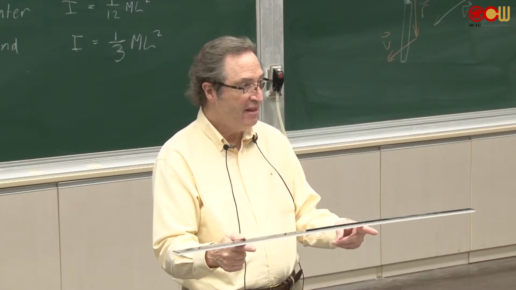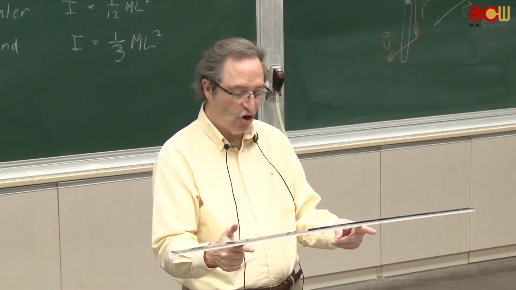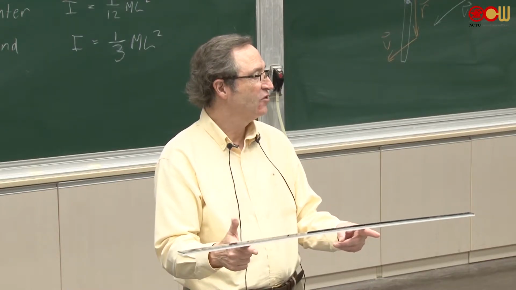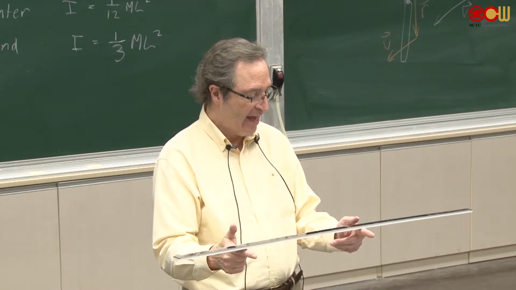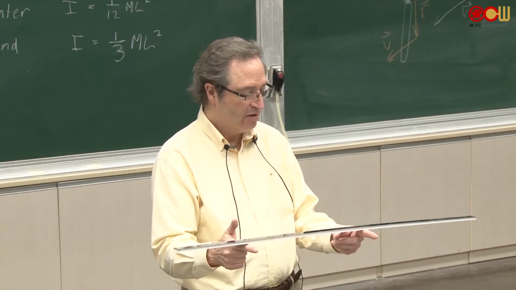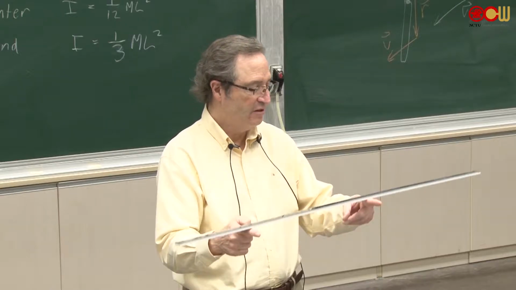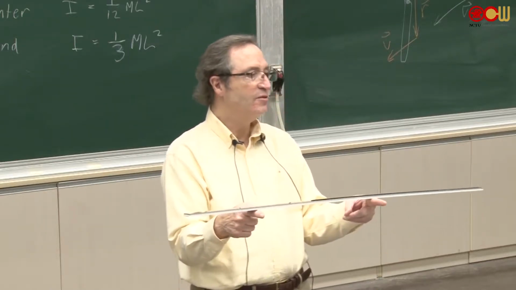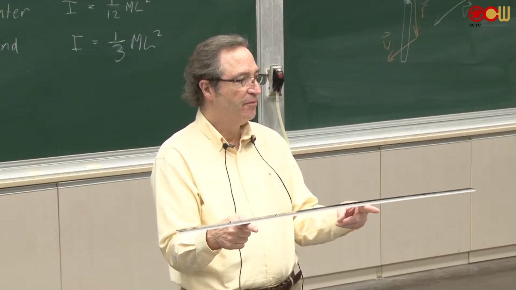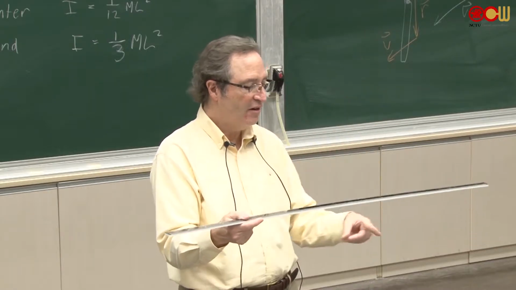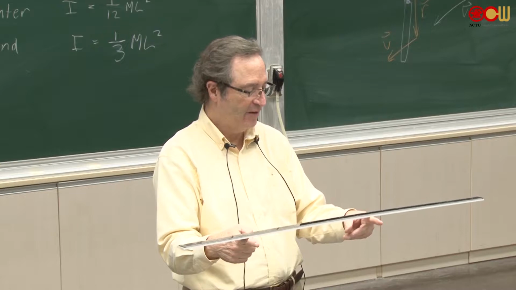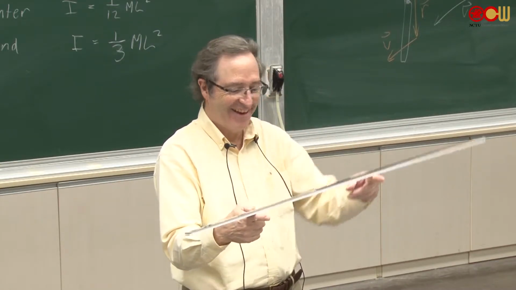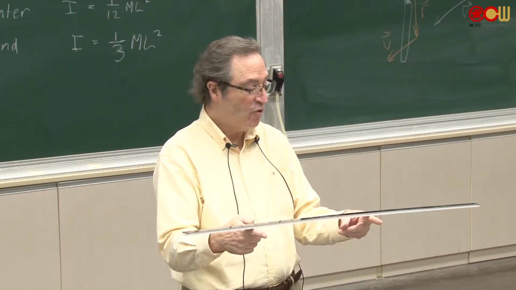So n times 30, because 80 minus 50 is 30, must equal the n over here times 10, because it's at 40. So which n is bigger? This finger or this finger? The left finger. This is my left? Yeah.